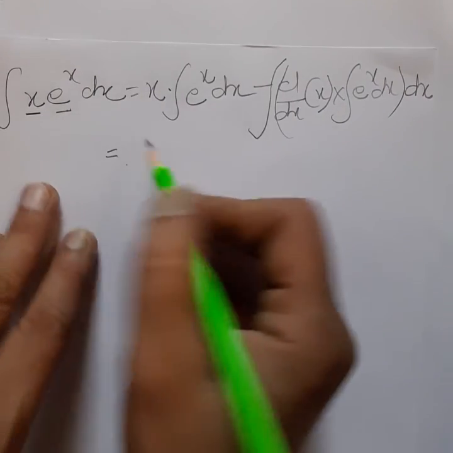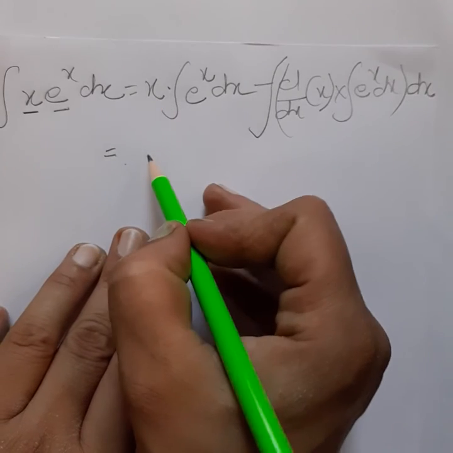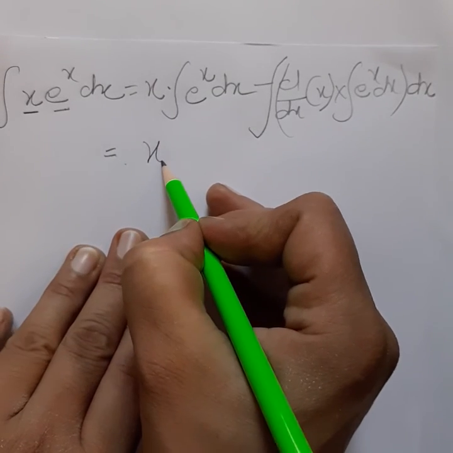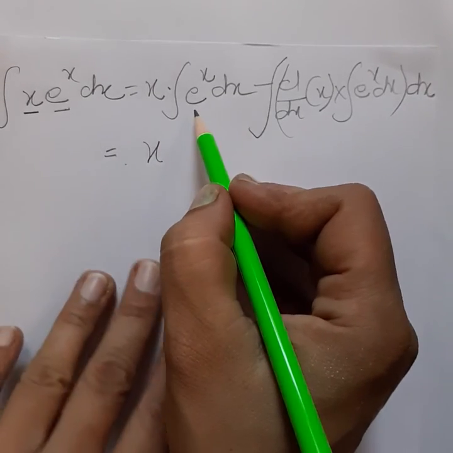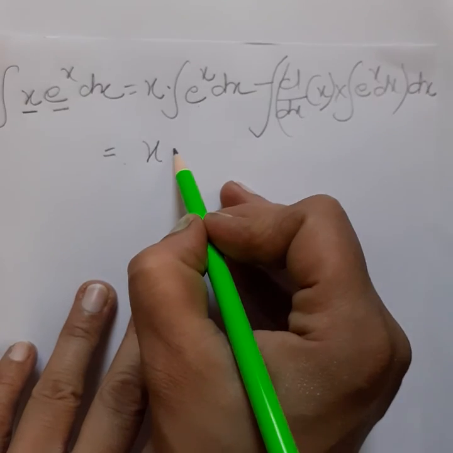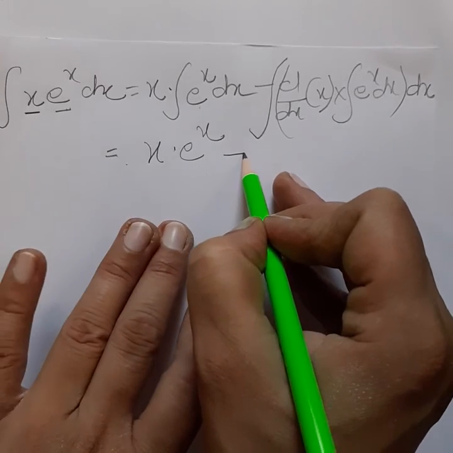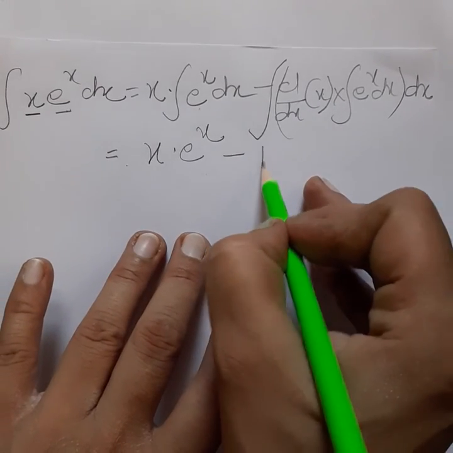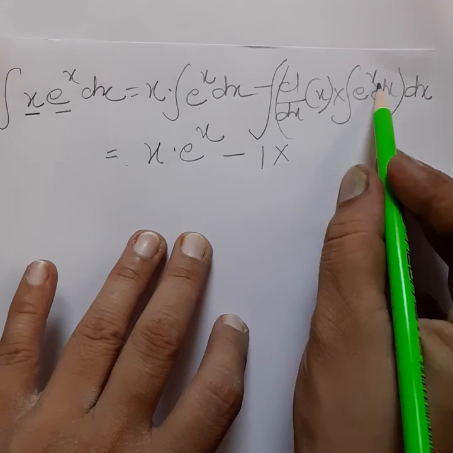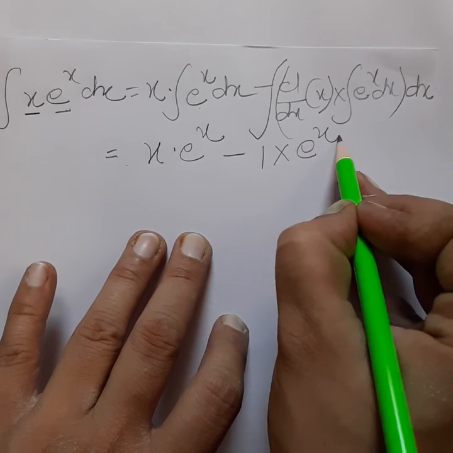Okay, now to solve our question, first of all we write x as it is, and the integration of e to the power x is e to the power x, and after that the derivative of x is 1, and integration of e to the power x is e to the power x.